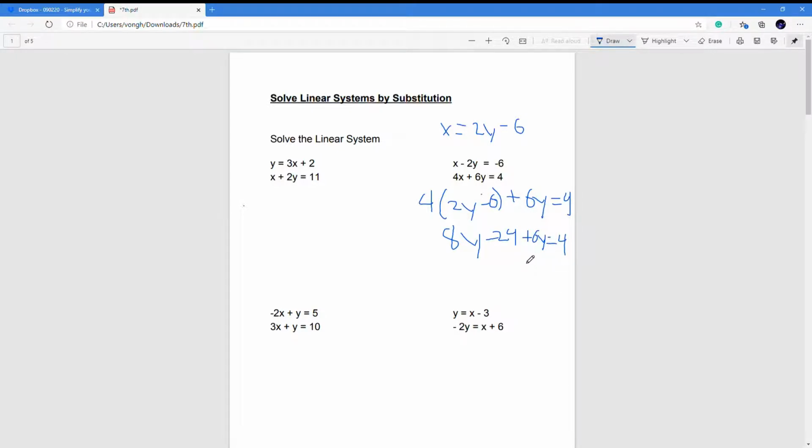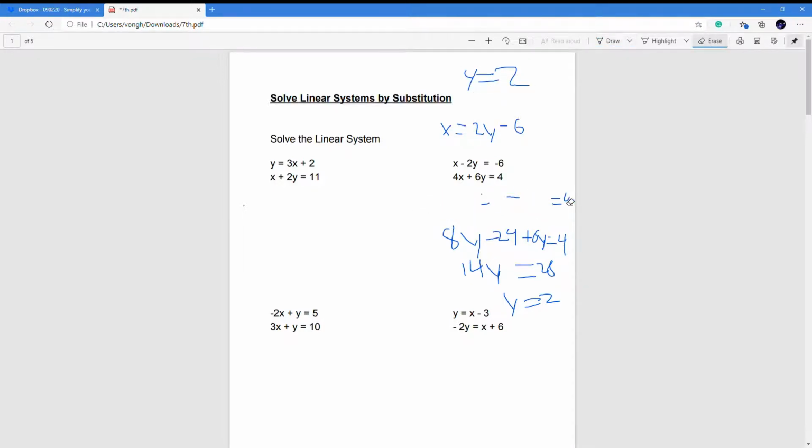Simplify it again, add 24, get 14y equals 28. Divide by 14, we get y equals 2. So now we have our first value, which is y. We have y equals 2.